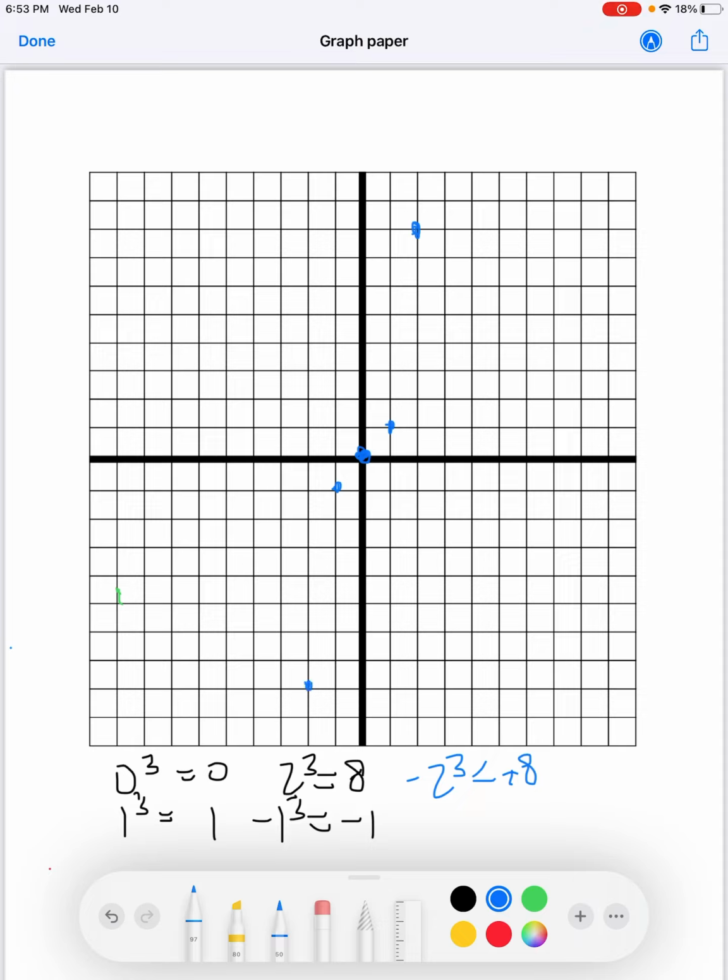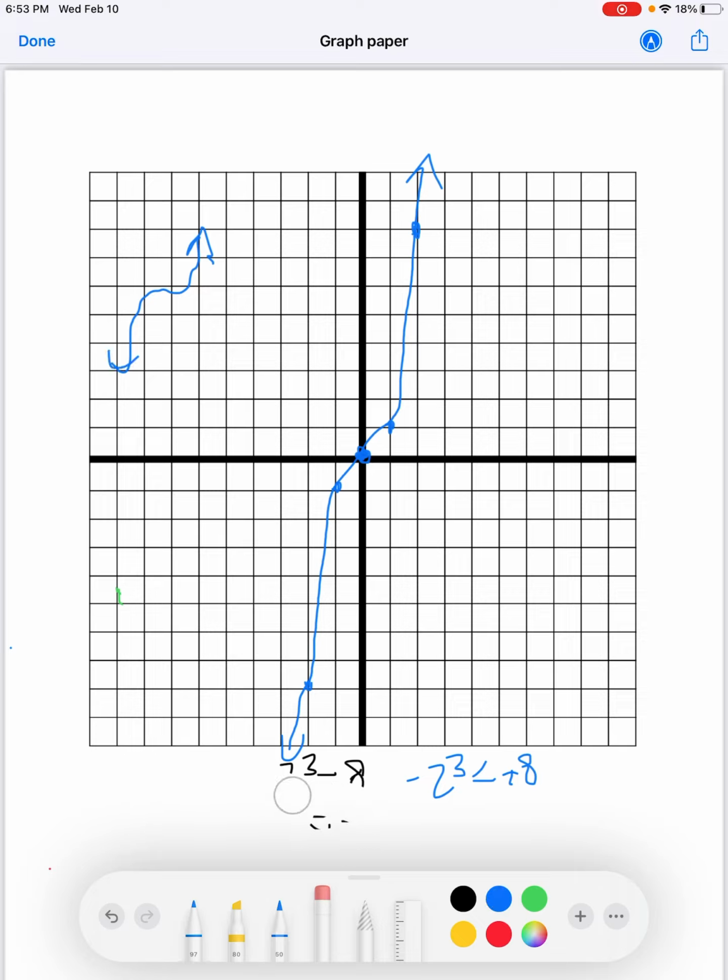So let's try to draw this in. As you can see, it kind of looks like a snake shape. So kind of like this, a little bit. That's what it will look like when there's a cube function.